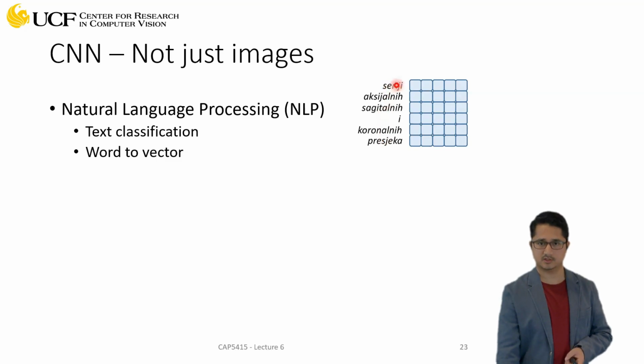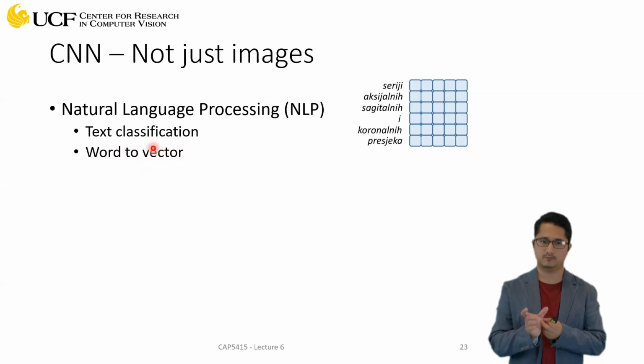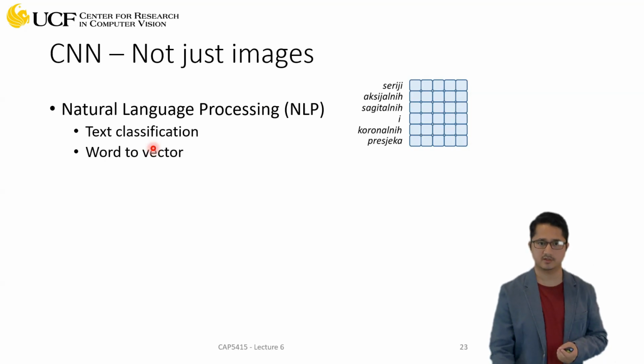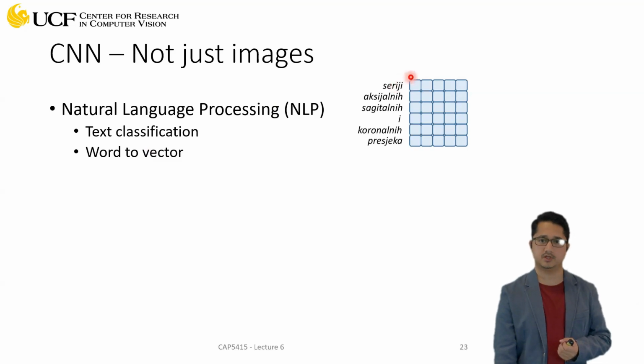Each word can be converted to a vector, and there are different ways to do that. We will not go into detail on that. Word2vec is one such algorithm which converts each word into a vector, let's say of 300 dimensions. Of course, you can have 100 dimensions as well. So you can convert each word into a vector, and for a sentence, if you stack them together, that gives you a matrix.